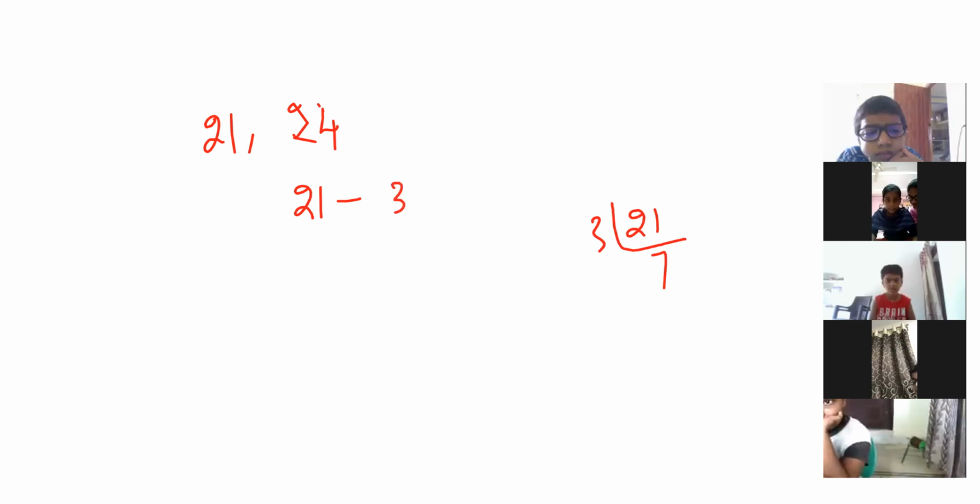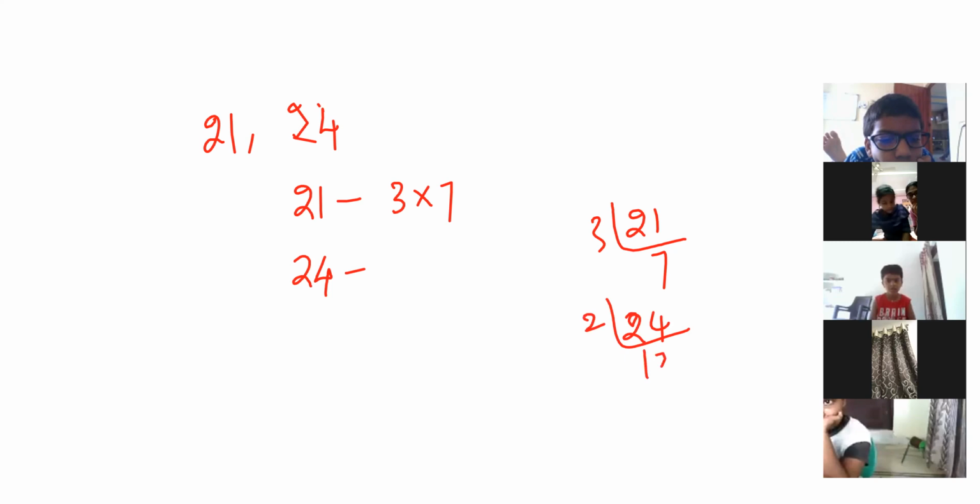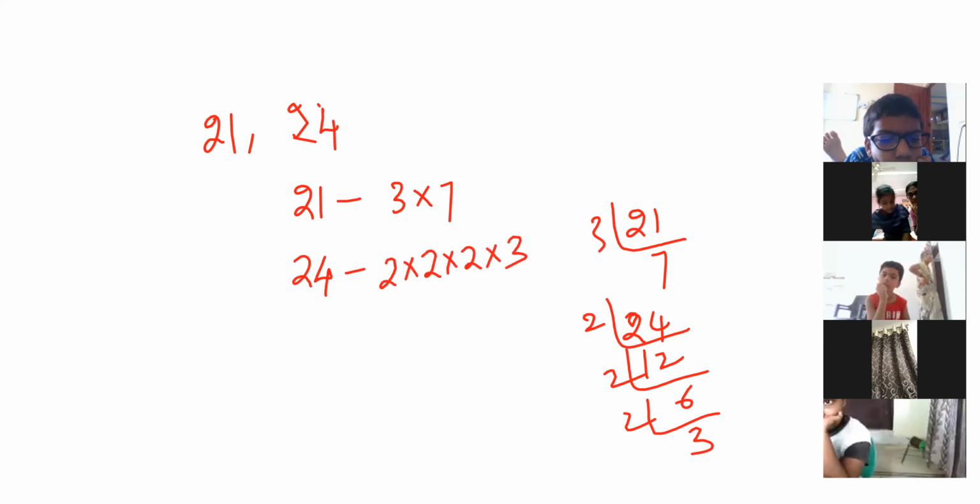Only two prime numbers you will get for 21, right, children? 3 and 7. Whereas for 24, if you apply the division method, 2 twelves are 24, 2 sixes are 12, 2 threes are 6. What are the prime factors you got? 2 into 2 into 2 into 3. All these are prime numbers.